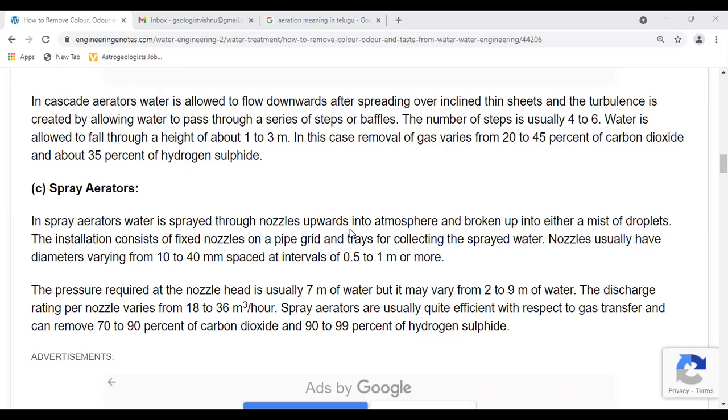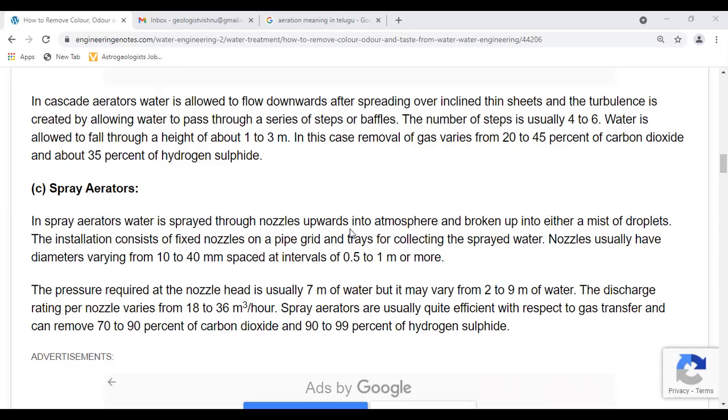In spray aerators, water is sprayed through nozzles upwards into the atmosphere and broken up into a mist of droplets. The installation consists of fixed nozzles on a pipe grid and trays for collecting the spread water.